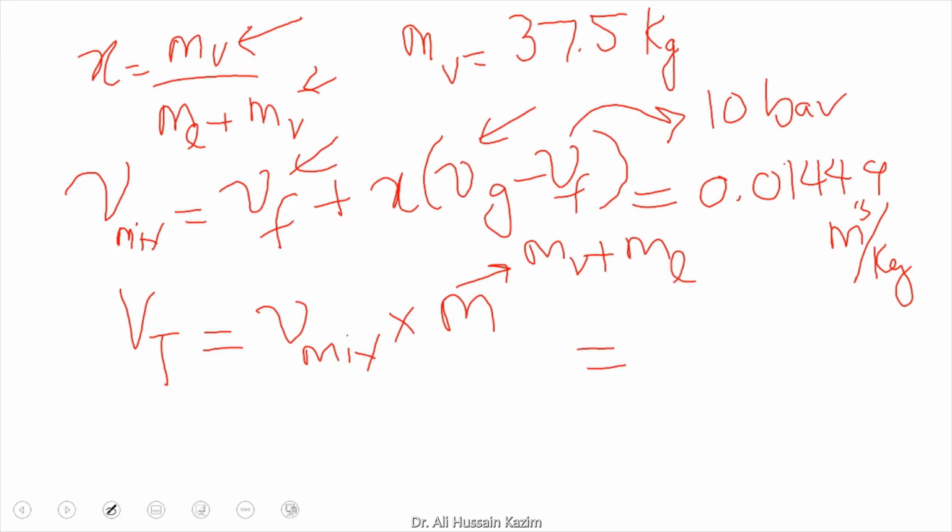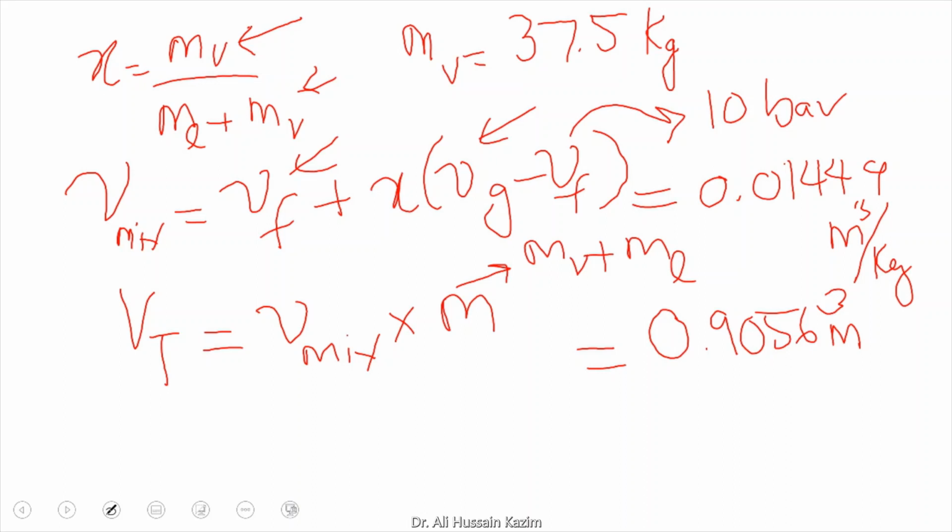So the volume of the tank comes out to be 0.9056 meter cube. Next is the fraction of the volume occupied by water vapor.